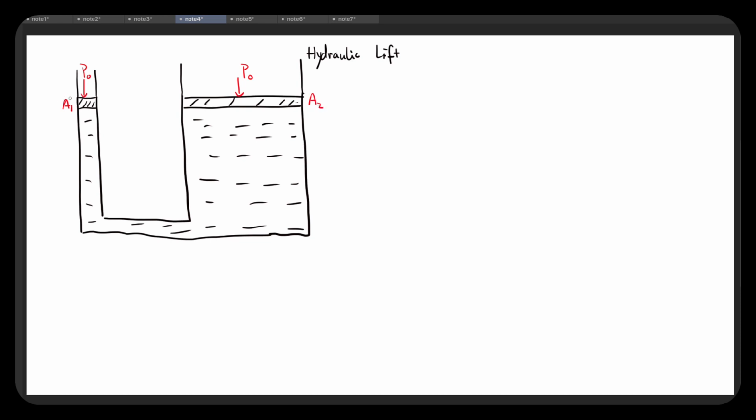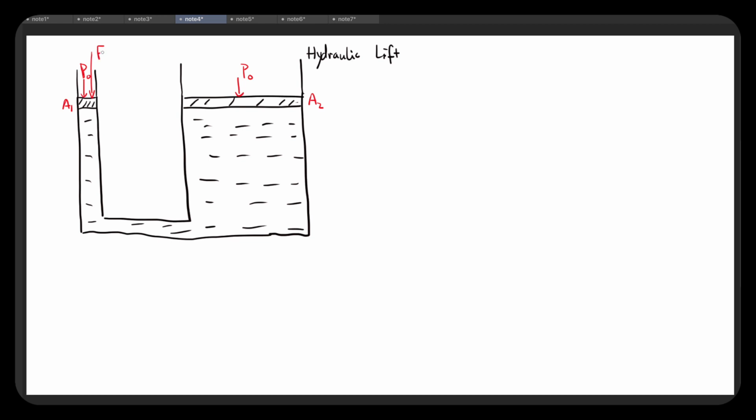Now, right now they're at the same level, right? That's because they do not experience any additional external pressures on the surface. So they must be at equal height. Now let's say we apply an additional force on the left side.